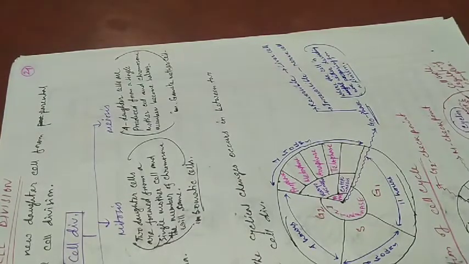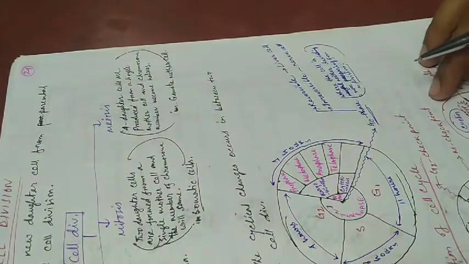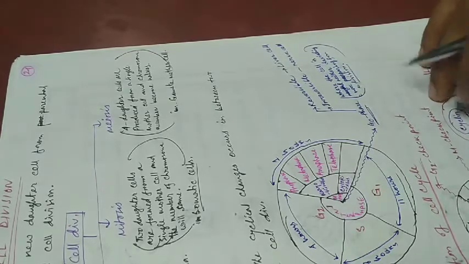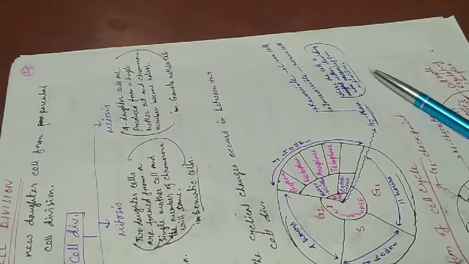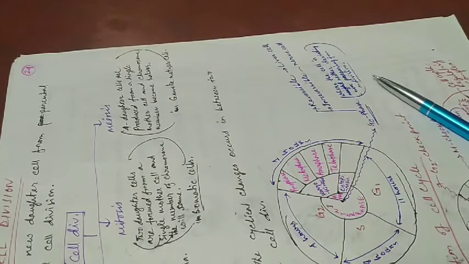In our body, some cells of the liver are in reversible G0 phase, and our nerve cells are in irreversible G0 phase.